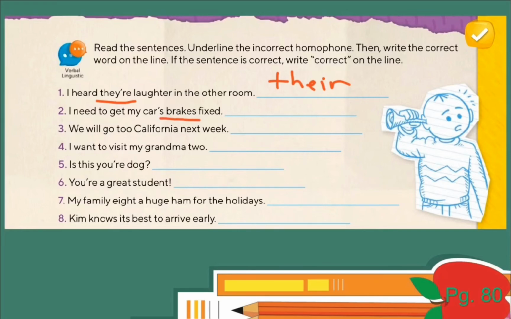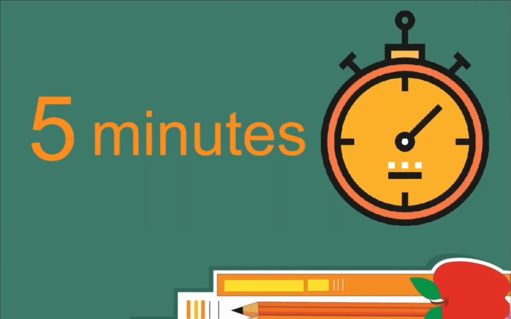Brakes is the homophone, and the answer is correct, because brakes means to slow down, or the device that makes the car slow. So my answer indeed is correct. Now it's your turn to complete the next exercises. Don't worry, we are going to check them together. For this activity, you will have 5 minutes.